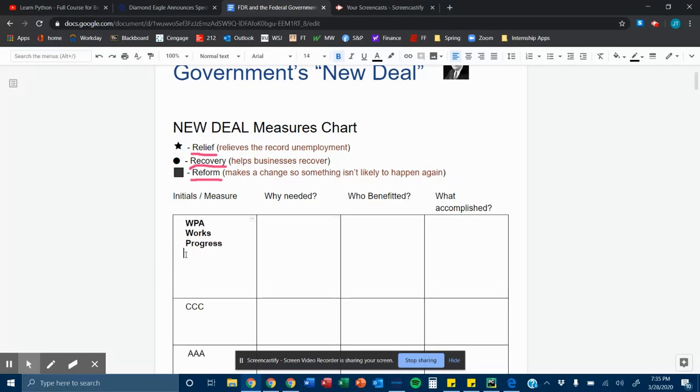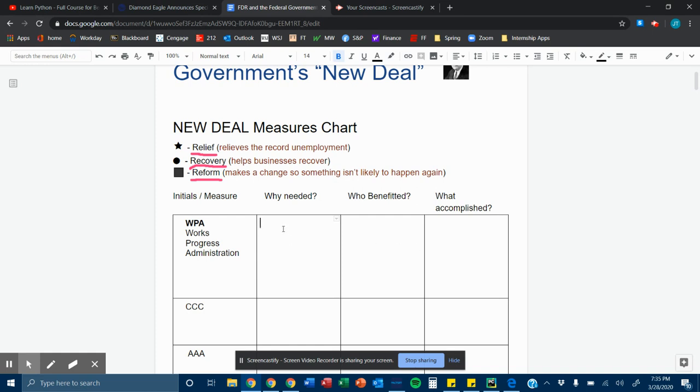And if I can manipulate this correctly, the WPA specifically stood for the Works Progress Administration. Now I'm going to explain to you what that is, what that meant, how it operated, and at the end of that, after I show you a bunch of visuals, we'll come back and we'll explain why it was needed, who benefited, what it accomplished.